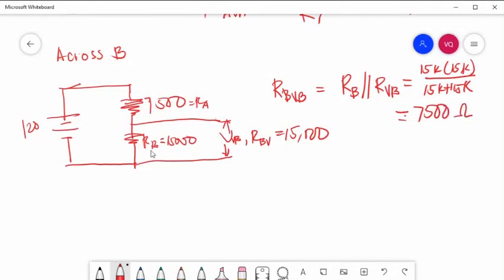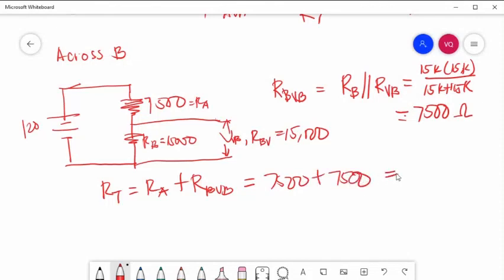Next, after getting the value here, it is connected in series with RA. So, total resistance is equal to RA plus RBVB. So, 7,500 plus 7,500. We have 15,000 ohms. Okay?